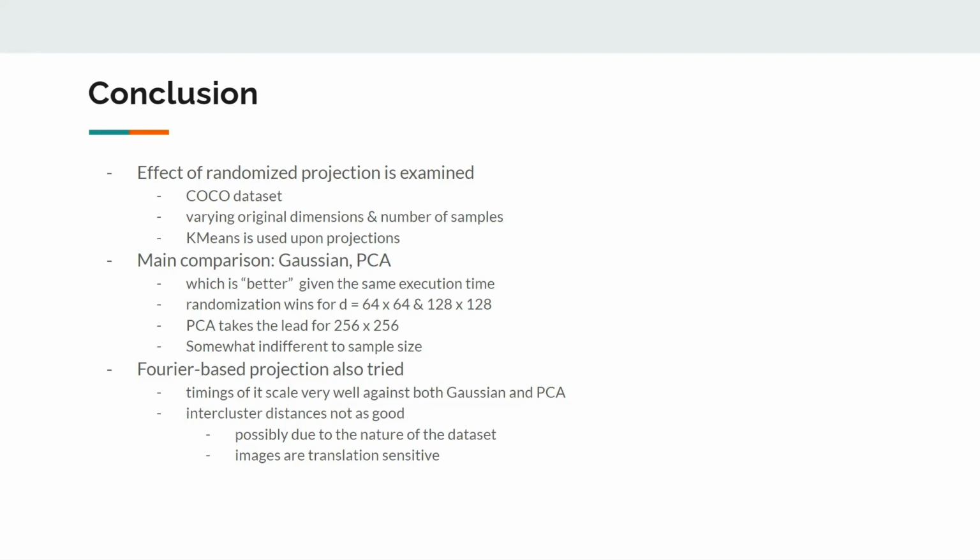Either you use 20K samples or more, for example 30K. The Gaussian transformation, the randomized one, has some cases where it is better than PCA for both timing and accuracy. So it is a choosable option in that way.